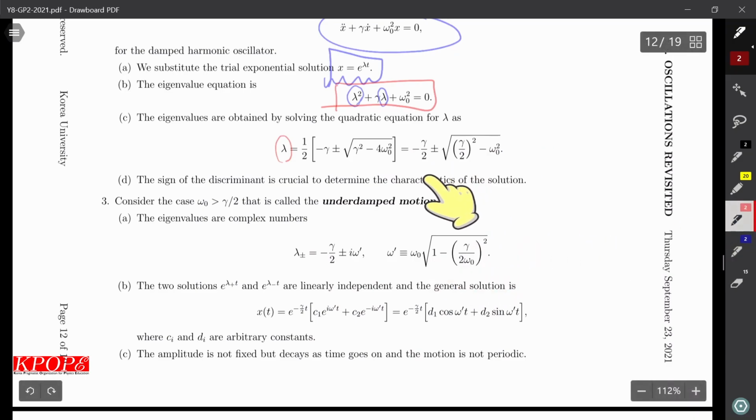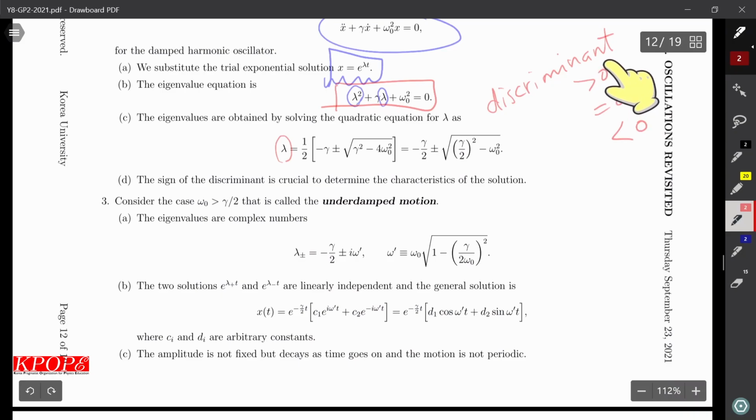You notice that this discriminant may be positive, may be equal to zero, or may be negative.